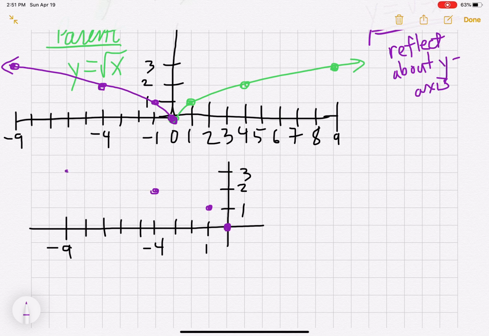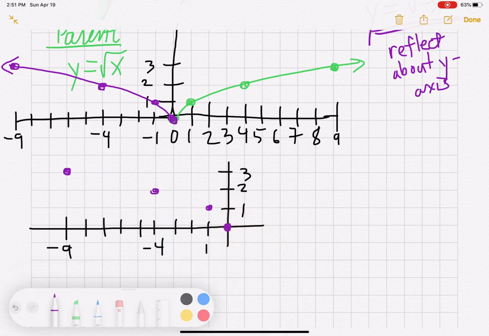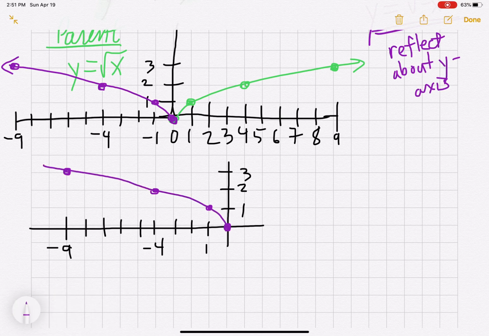Those were our key points. It's not great, is it? Let me start at the center and go up. That would probably be better. There we go. There it is. y equals square root of minus x.